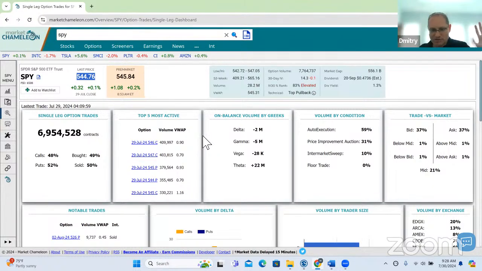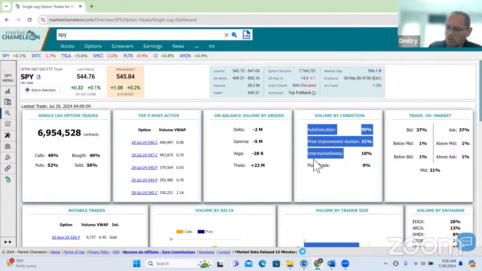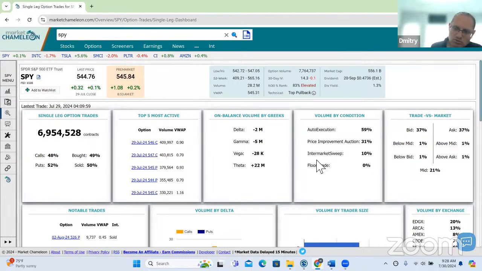Let's say I want to go to CBOE, Amex, ARCA, whatever, simultaneously, go out to those individual exchanges and grab the liquidity. To do that, you have to designate it as an intermarket sweep, which allows you to bypass those Reg NMS rules. So 10% of the orders here were intermarket sweeps.